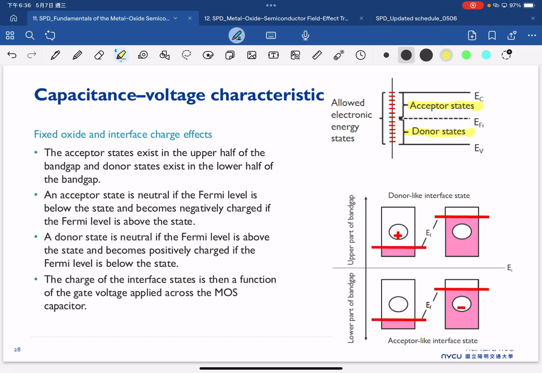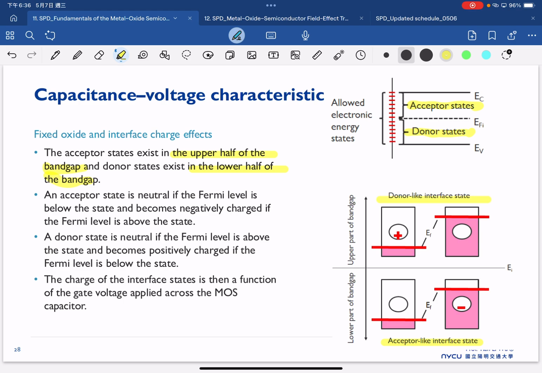We have the definition that the acceptor state exists in the upper half of the band gap, and the donor state exists in the lower half of the band gap. In this case, we have two situations. You can see this is an acceptor-like interface state, and this is a donor-like interface state.